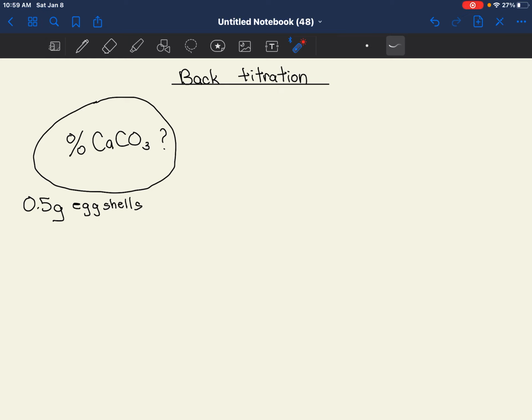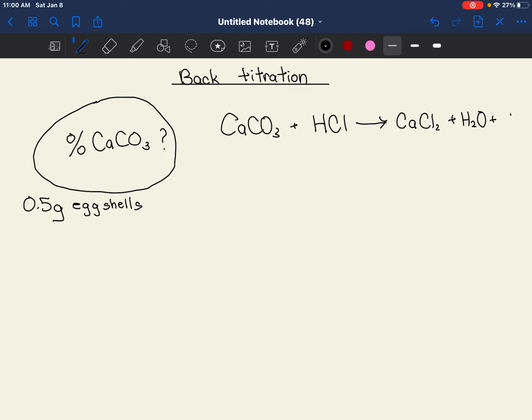Now, calcium carbonate reacts with what? Well, I can tell you right now that calcium carbonate reacts very well with hydrochloric acid. This is a double displacement reaction followed by a decomposition reaction where you're going to get calcium chloride, water, and carbon dioxide.